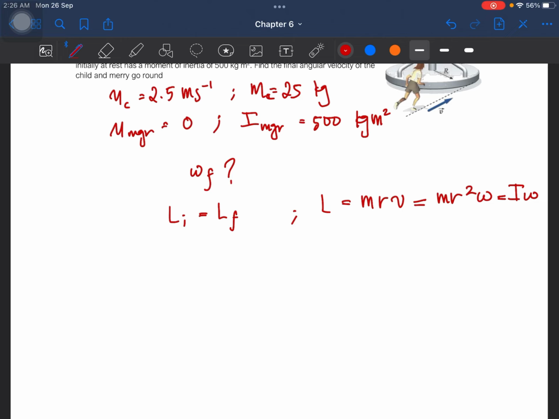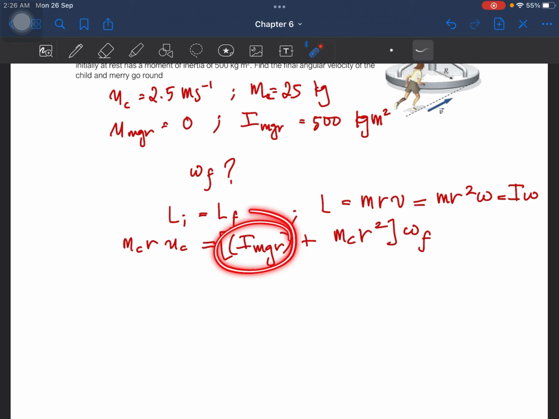So this is going to be the mass of the child times the radius times the initial speed of the child. This is equal to the moment of inertia of the merry-go-round plus the child, mr square, sebab kita akan guna omega di luar, omega f.